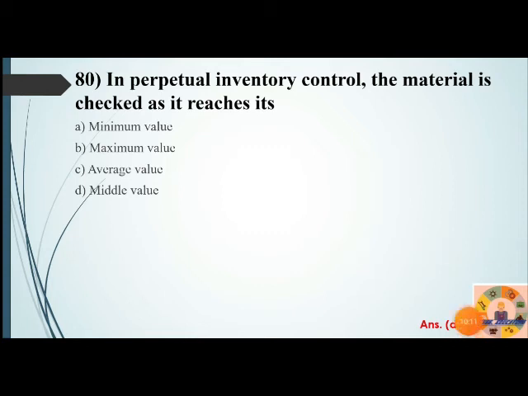The right answer for this question will be option A, minimum value, because we know the perpetual inventory control, or continuous inventory, is one in which the information continuously updates the inventory records. So, the right answer for this question will be option A, minimum value.